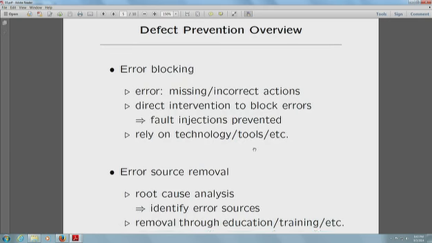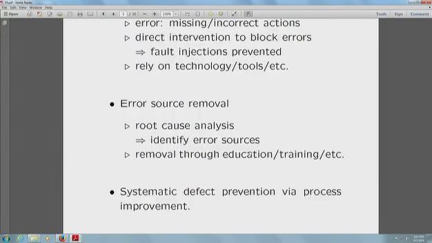And then there is also the so-called error source removal idea, where you look at the root cause. You did this because you were confusing the meaning of the equal sign, whether it's a comparison, a mathematical equal, or an assignment. And if there is this confusion, then you should try to clear up that confusion before you can proceed further.